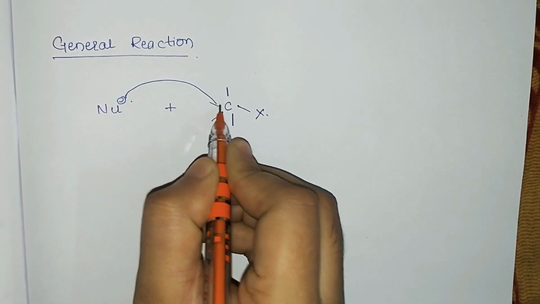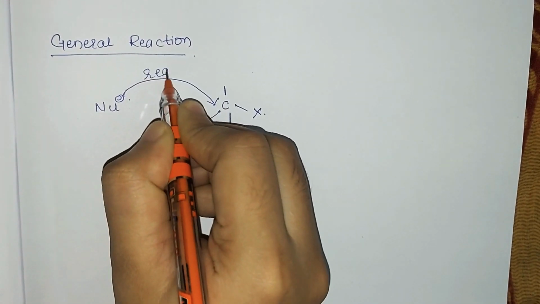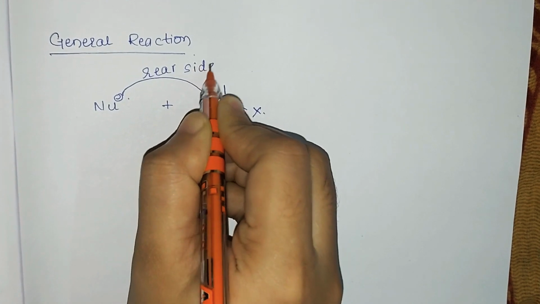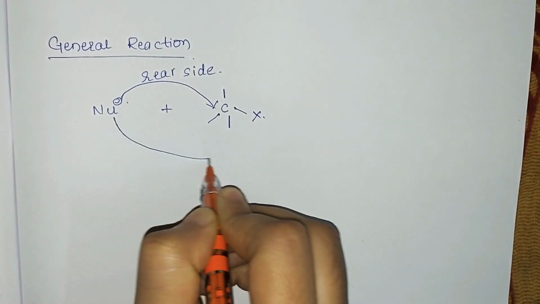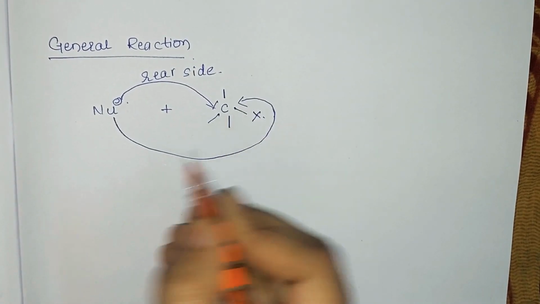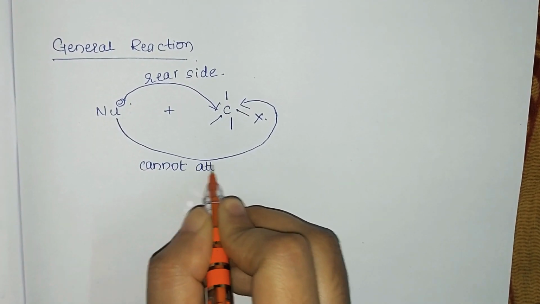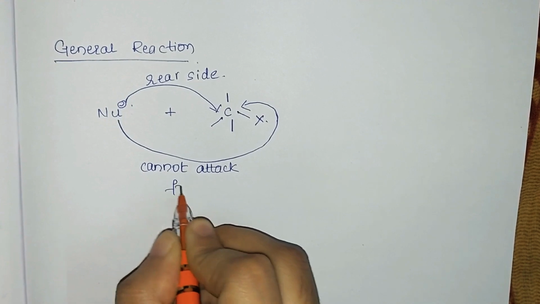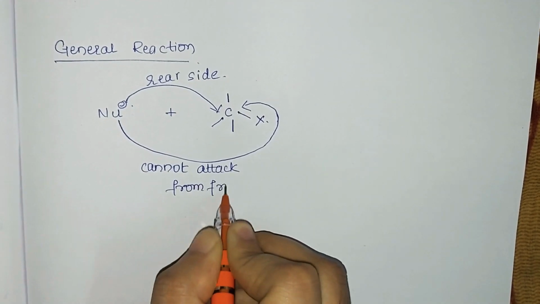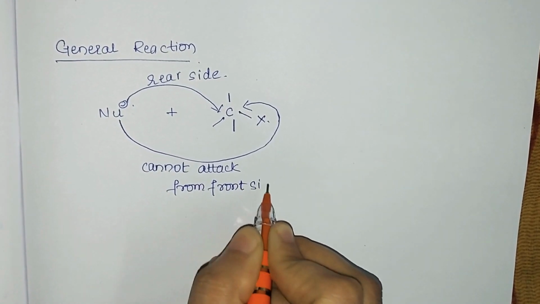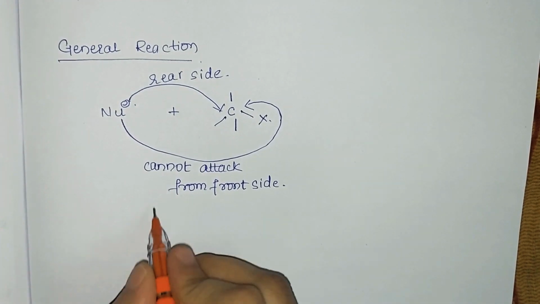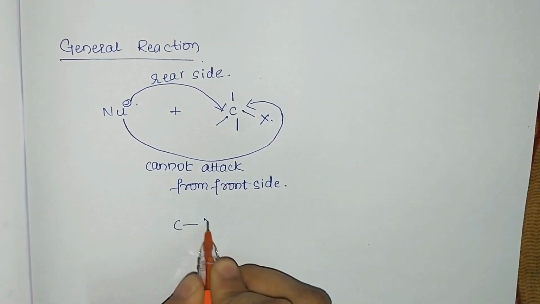The nucleophile will attack the carbon atom either from the rear side or back side, or from the front side, that is what we'll observe here. There are two possibilities, either it can attack from the rear side or the front side, but we observe that it cannot attack from the front side. So why can the nucleophile not attack from the front side? There is a reason.